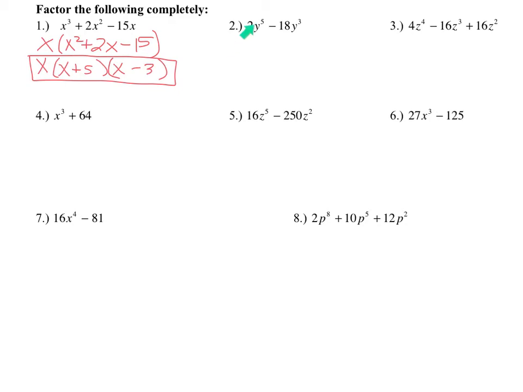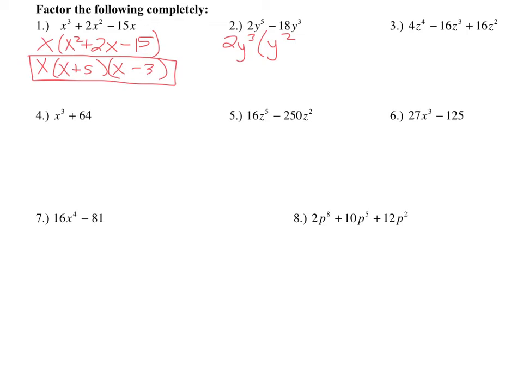Number 2, this time I see they're both even, so they're divisible by 2, and they're both divisible by y cubed. So I start by factoring out 2y cubed. I'll be left with y squared, because 2 times 1 is 2, y cubed times y squared.